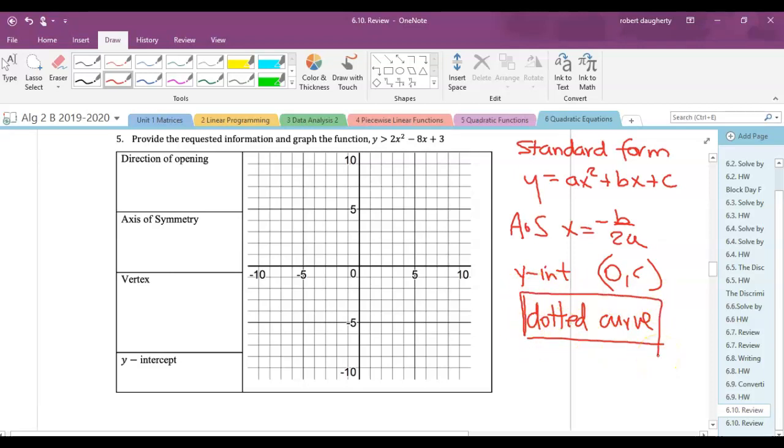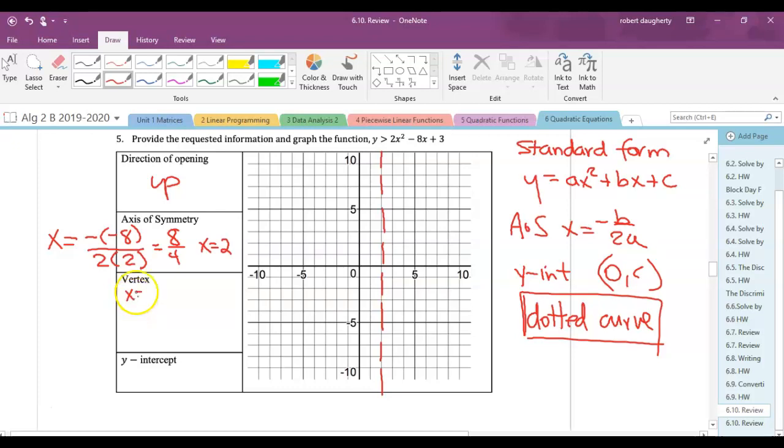This opens upward. The axis of symmetry is x equal the negative of negative 8, that's negative b, over 2 times a, that is 8 over 4. So x equal 2 is the axis of symmetry. To find the vertex, all I need to do is plug it into that equation.